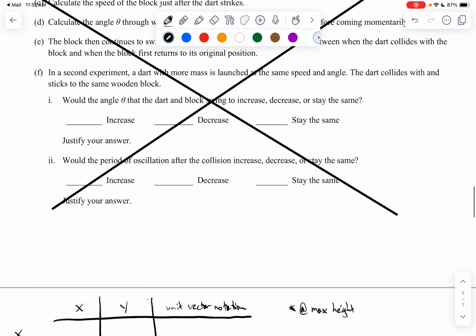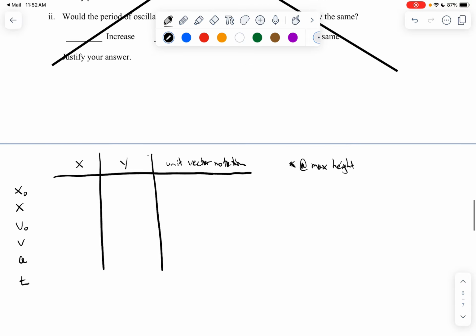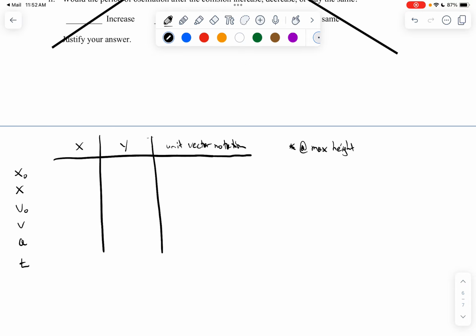One important thing we can point out is that as it reaches its highest point, we're told it's moving horizontally. At the highest point, we end up having a velocity in the y direction equal to 0, at that maximum height spot. So in our x direction, we're starting off at an x coordinate of 0 meters.